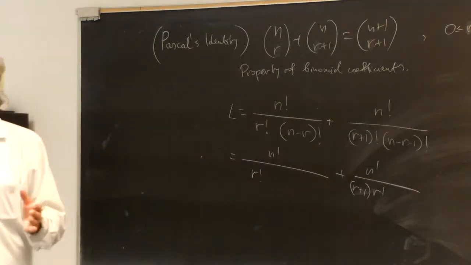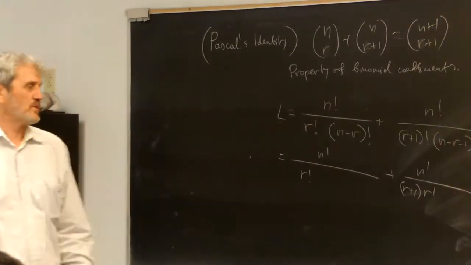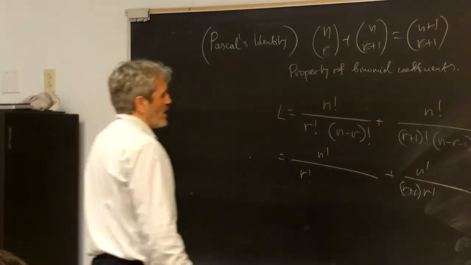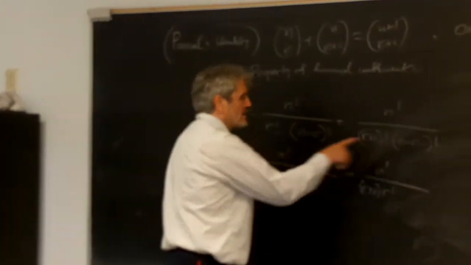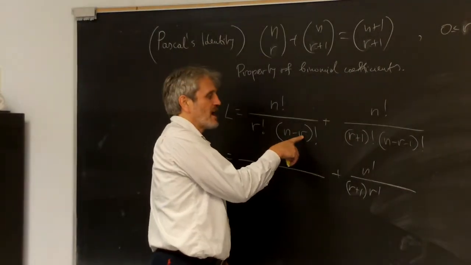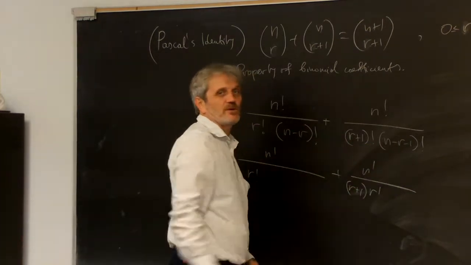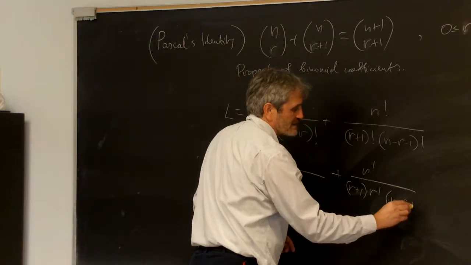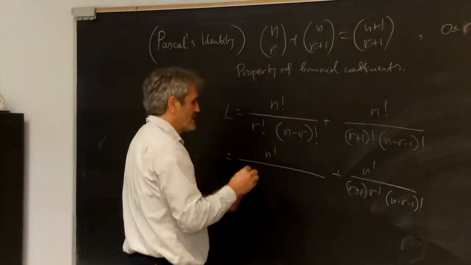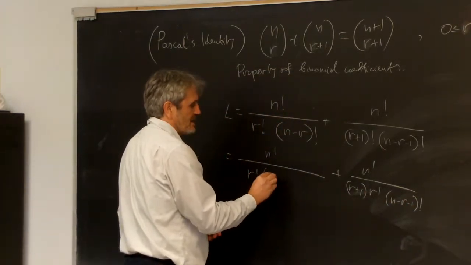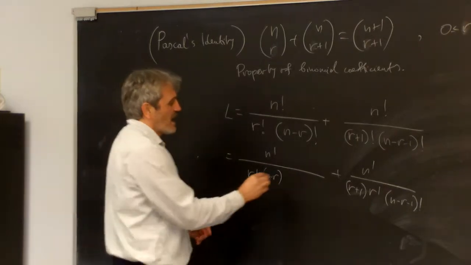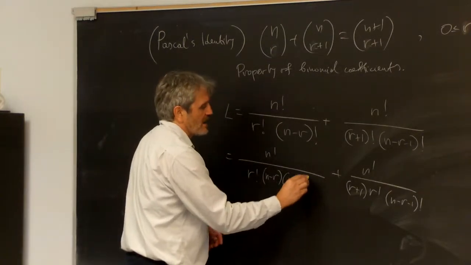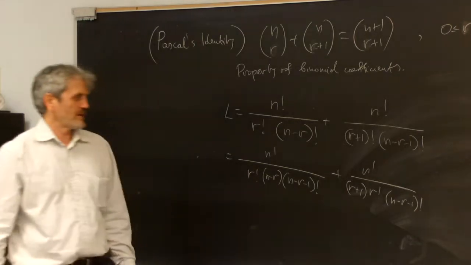Because you start with r plus 1 and all the others are just r factorial. What about these two? Who is longer, n minus r factorial or n minus r minus 1 factorial? So I'll copy n minus r minus 1 factorial and I'll break this one with that extra step, n minus r, and then all the others are n minus r minus 1 factorial.